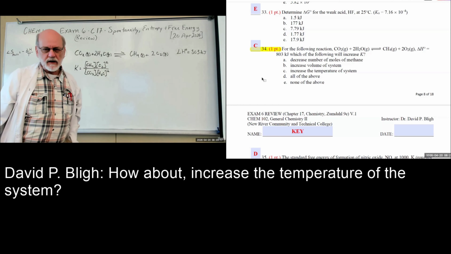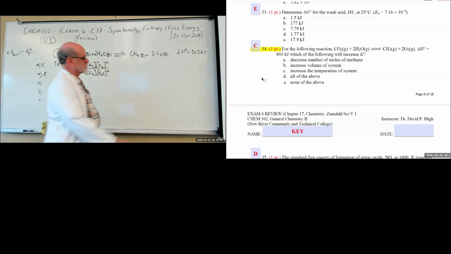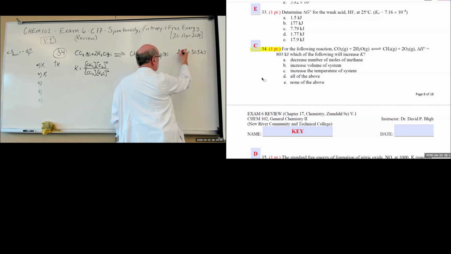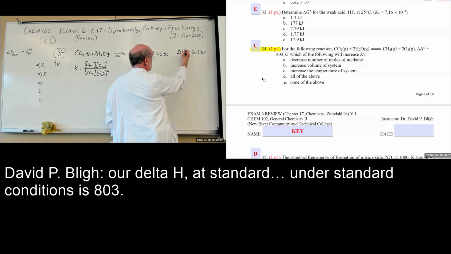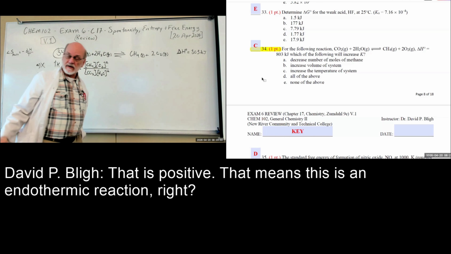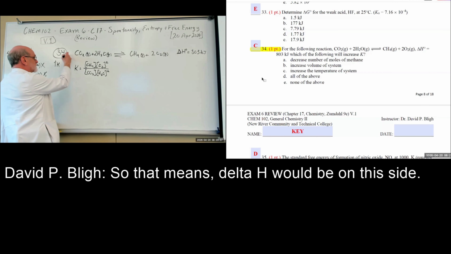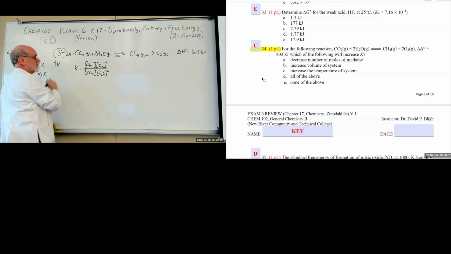How about increase the temperature of the system? Okay, if we increase the temperature, since our delta H under standard conditions is 803, that is positive. That means this is an endothermic reaction, right? So that means delta H would be on this side.